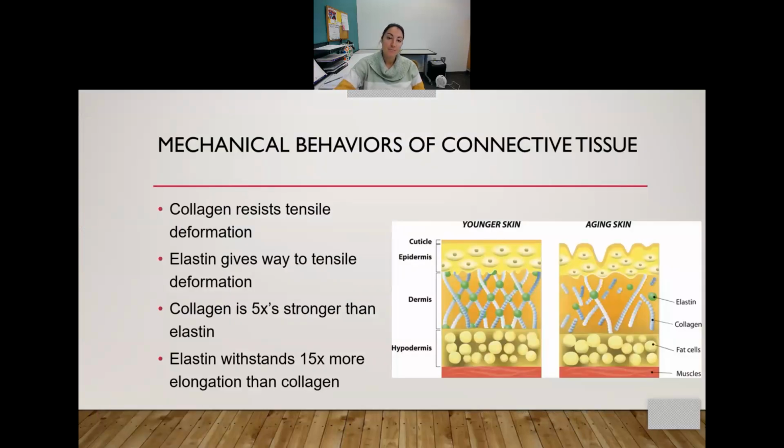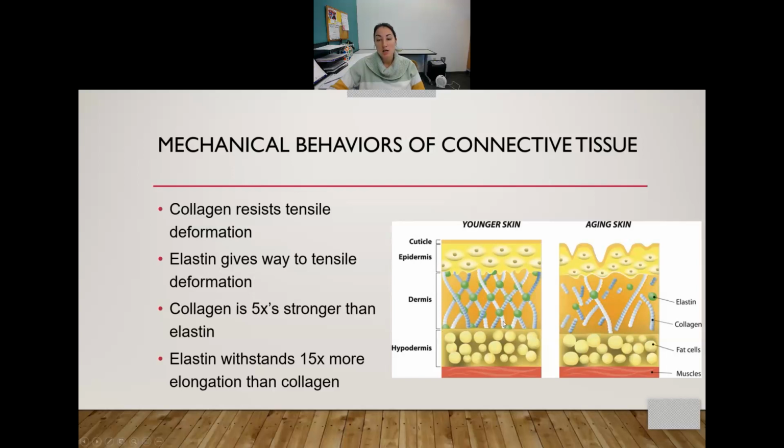Mechanical behaviors of connective tissue. Collagen resists tensile deformation. It resists the deformity that occurs with tension. In this picture, collagen is represented by these white strands, and in a young person, they're nice and organized and strong and standing up tall.